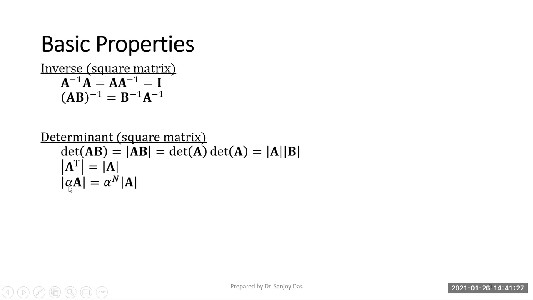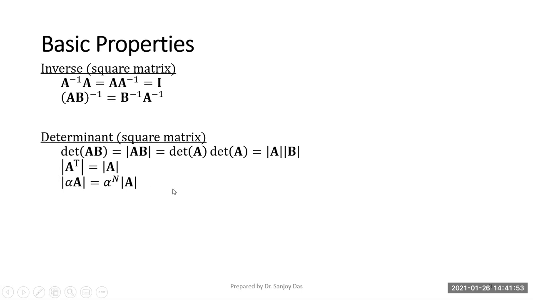Scalar multiplication: alpha is a scalar, and this A here is an n by n matrix, n as in New York. So if the size of this square matrix A is n, then determinant of alpha A is alpha to the n times determinant of A. So what's the determinant of negative A?